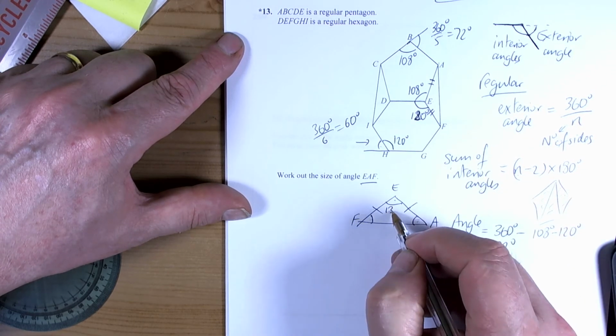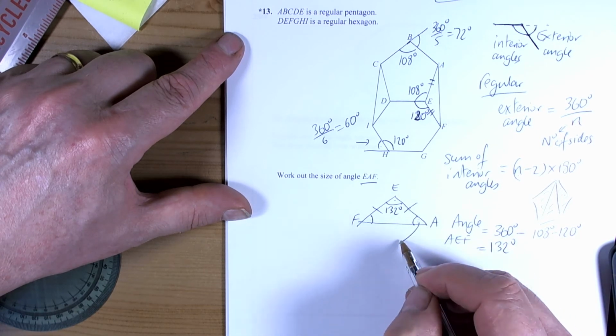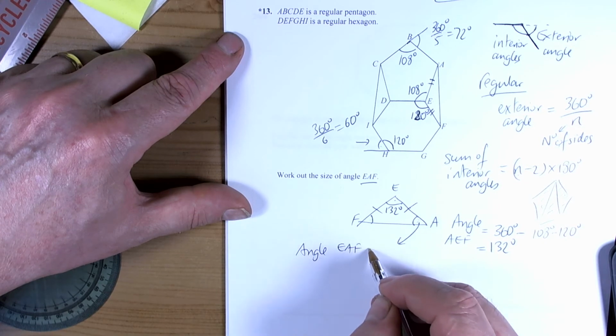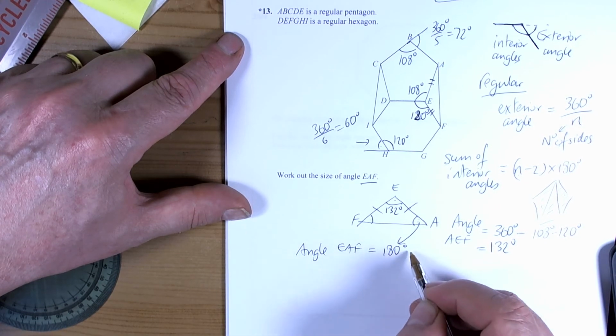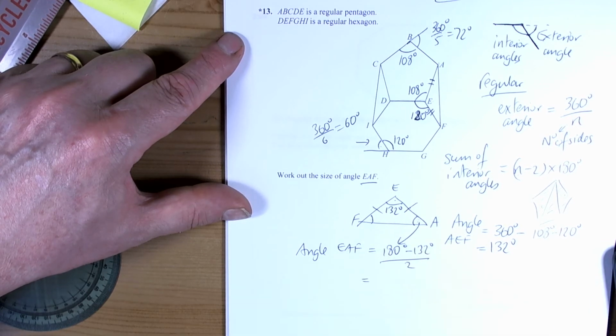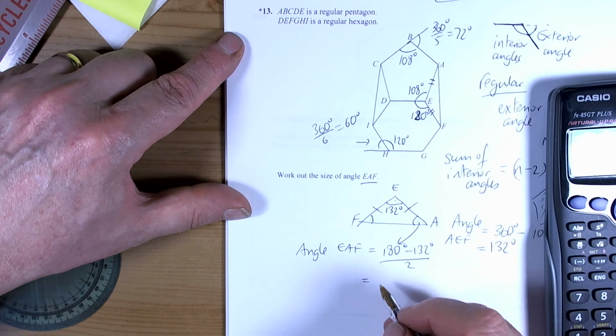So we know this angle here is 132 degrees. Because we know base angles are equal, then the angle the question wanted, angle EAF, is equal to 180 degrees, take away 132 degrees, all divided by 2. So 180 take away 132 equals 48, divide by 2, so 24 degrees.